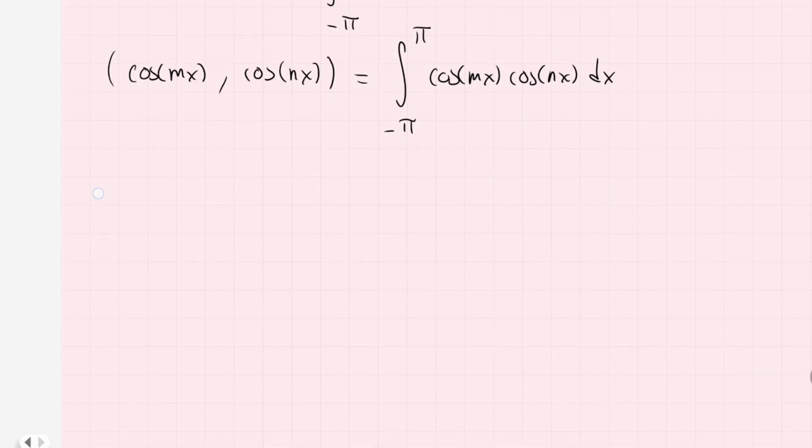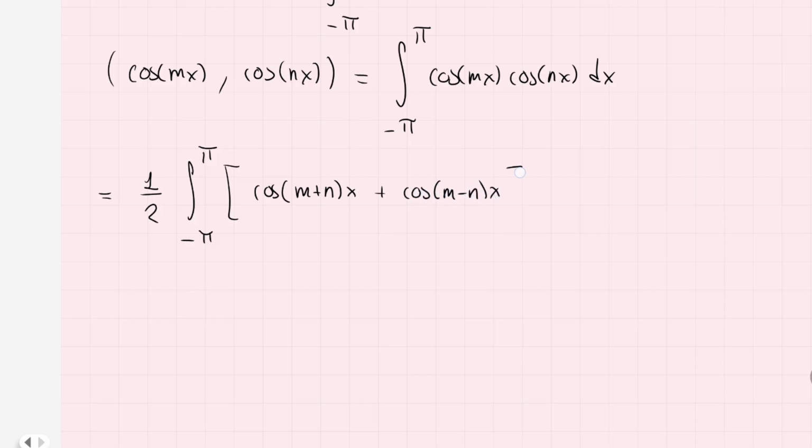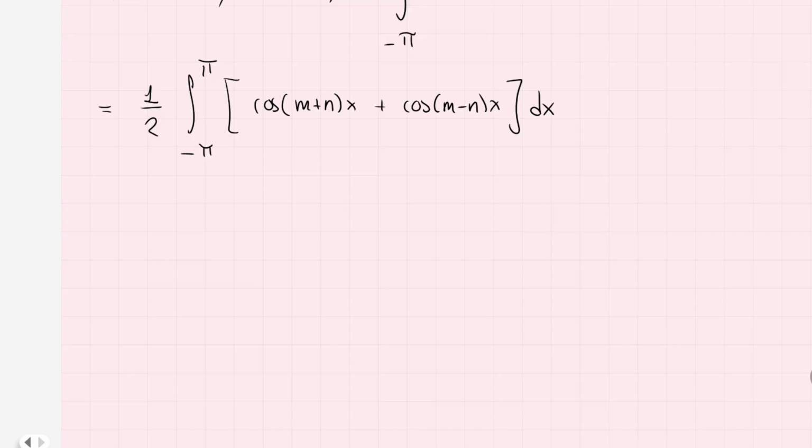If we use a trigonometric identity here, this is equal to 1 over 2 times the integral from negative pi to pi of cosine of (m plus n)x plus cosine of (m minus n)x dx. Again, this is a very famous trigonometric identity.